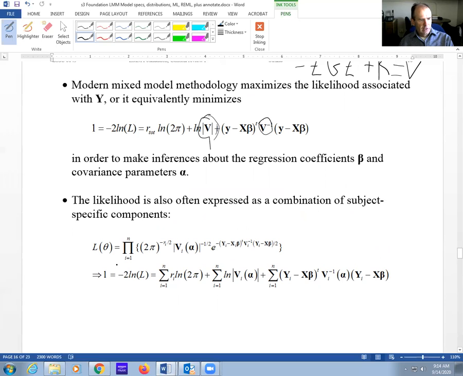This form down here that I've written in terms of multiplying it across the subjects is probably the more useful one that you're actually going to maximize. And there's a few other things in here. Where are these lines indicating? That's the determinant.